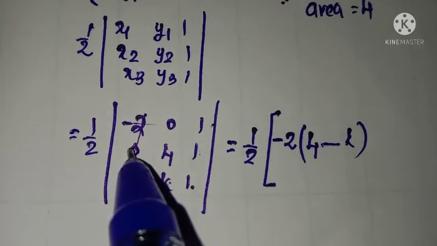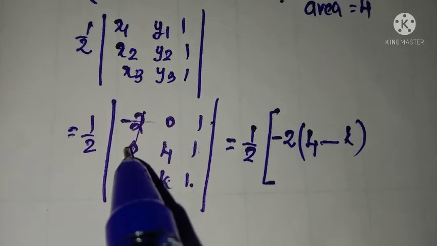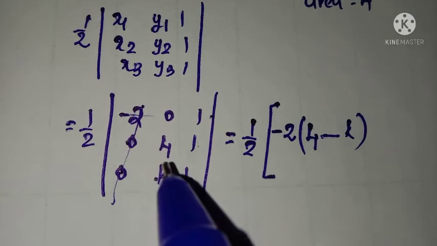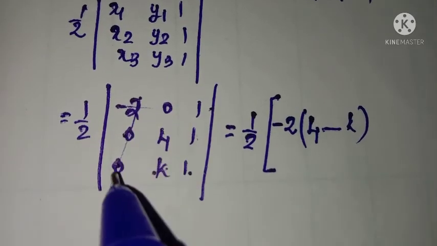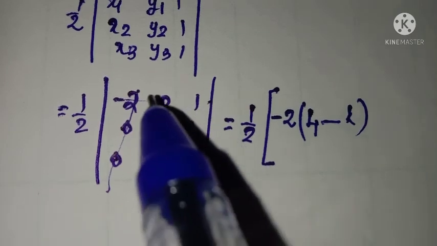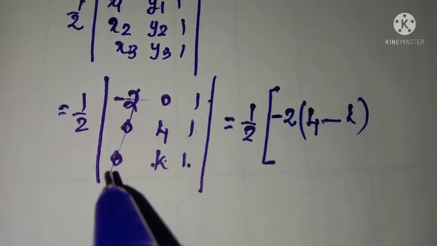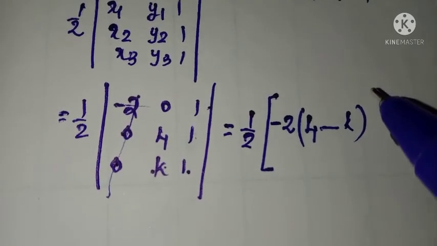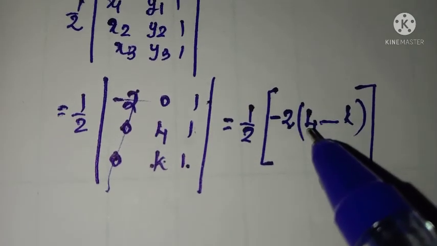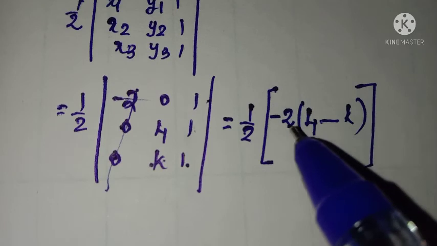Next is minus 0 into any determinant equal to 0, plus 0 into any determinant equal to 0. So more entries belong to the first column, so in this determinant it is very easy to expand along the first column. So we have half into minus 2 into (4 minus k).